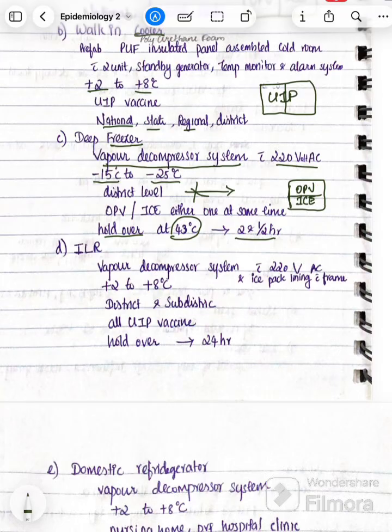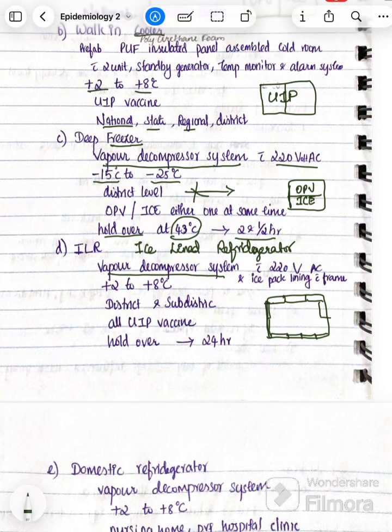We have ILR, ice lined refrigerator, same as deep freezer, vapor compressor system, but with ice pack lining in the wall, so temperature is maintained much higher than the deep freezer.